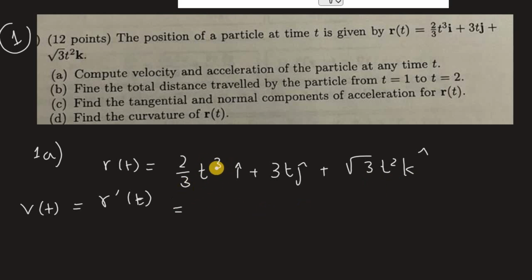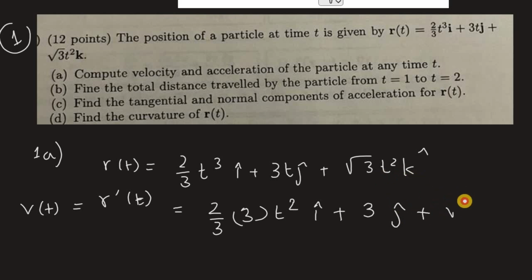So here, this t is to the power of 3, so this 3 is going to come down and multiply by this constant, 2/3, and then we subtract 1 from the power. So it becomes 2t squared i hat. Now moving on to the next component, which is 3t. It's going to become 3 only.